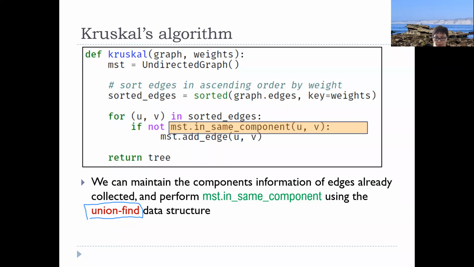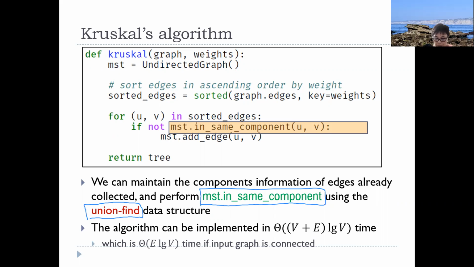It's standardly called maintaining a dynamic set, as sets merge and you have dynamic operations. But at any rate, the bottom line is that using the union-find data structure, we can perform this same-component check efficiently.